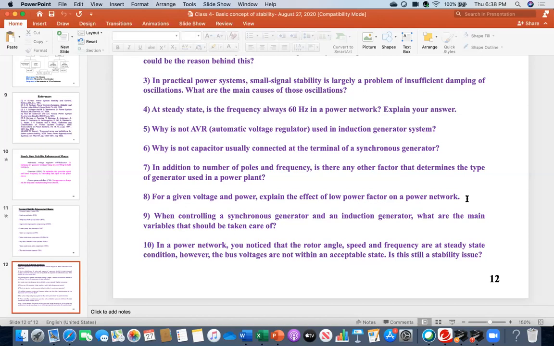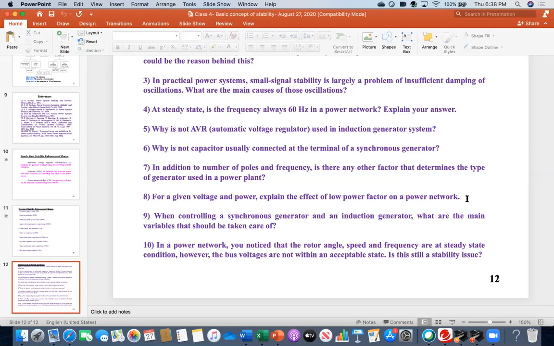If you don't have a good power factor, then the stability of the system will not be great. The current will increase because the active power equals VI cos phi.